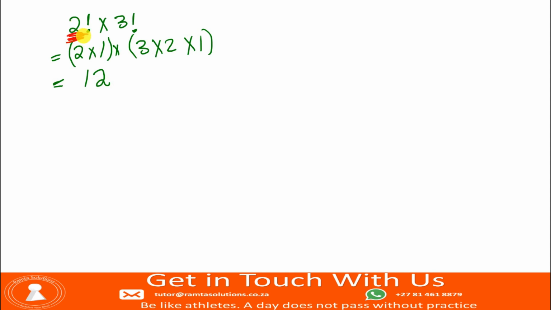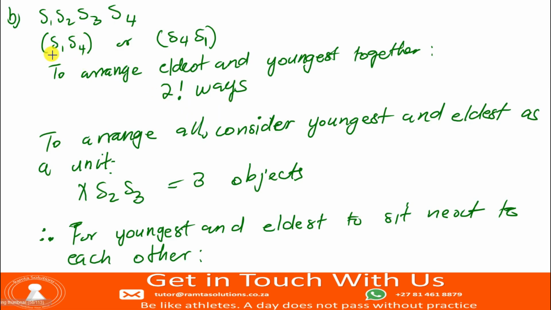I repeat, this part here considers the arrangement of the youngest and eldest. The youngest can sit on the left or on the right. So in other words, there are 2 ways that we can arrange them. Now, when we consider the youngest and the eldest as a unit, it doesn't matter where they are.